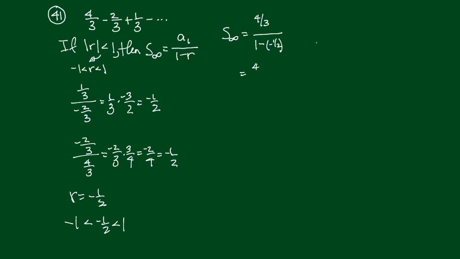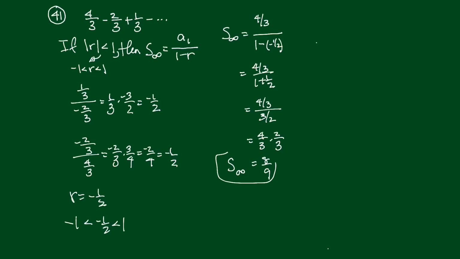So we will get 4/3 divided by 1 plus 1/2. So we'll get 4/3 over, all right, this is 3/2. So now we're at 4/3 times, invert and multiply, 2/3. So what do we get here? 8/9? Yeah, so I think you add up these infinitely many terms and you end up with 8/9.